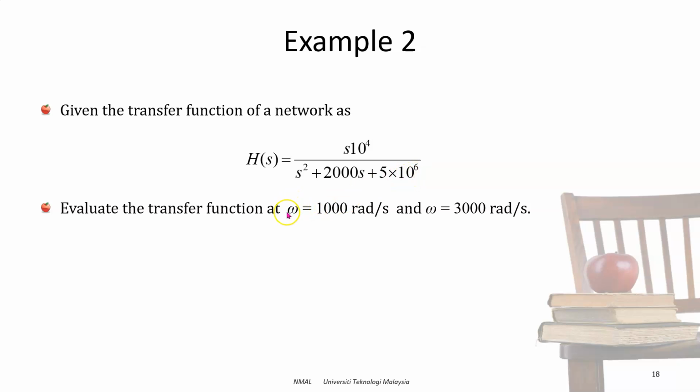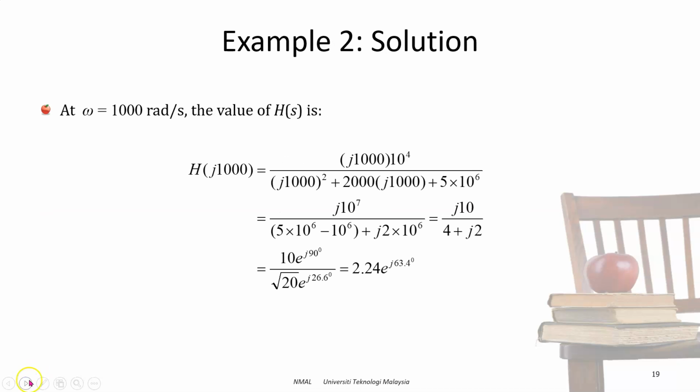The question asks you to evaluate the transfer function at omega equal to 1000 radian per second and omega equal to 3000 radian per second. The transfer function is given, so you just have to calculate the value for two different frequencies. Let's look at the next page.